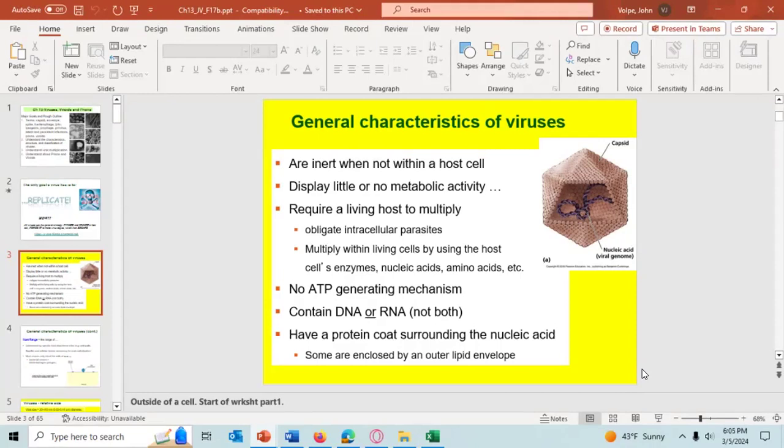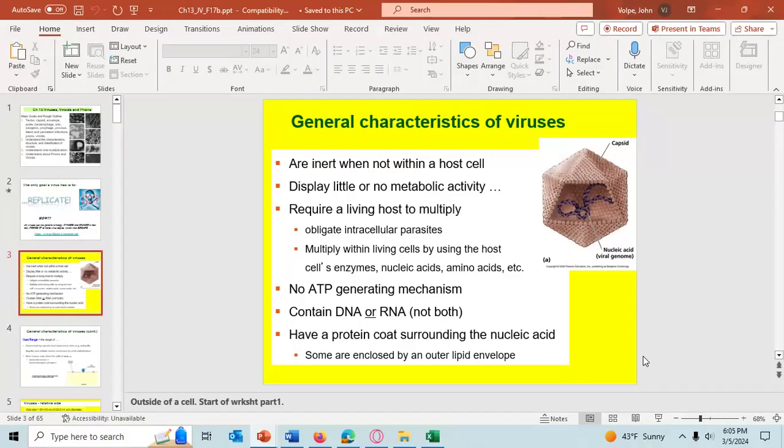Viruses contain DNA or RNA as their central molecule, what we can call their genome, but viruses never contain both. They either have DNA or RNA as their genome. And then viruses have a protein coat surrounding the nucleic acid.